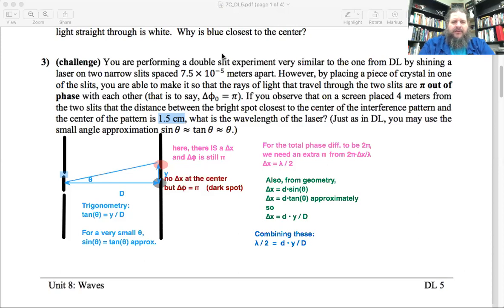However, if you did take a look at the next dark spot beyond this and the next bright spot beyond that, those should be spaced about the same distance apart from each other as these ones are. And likewise, if you go downwards instead of upwards, they should also be equally spaced. You're going to get an alternating pattern of bright spots and dark spots that are pretty close to evenly spaced.